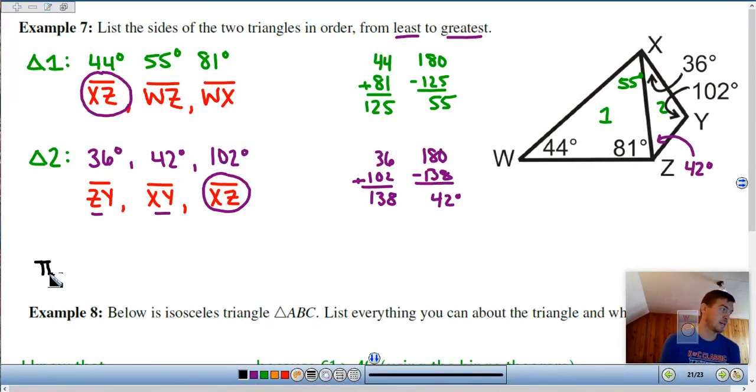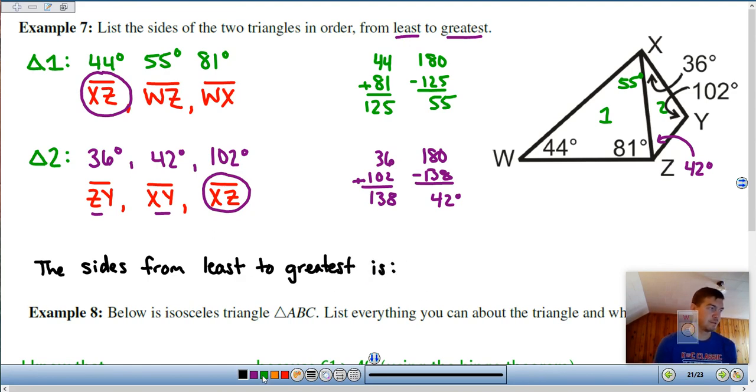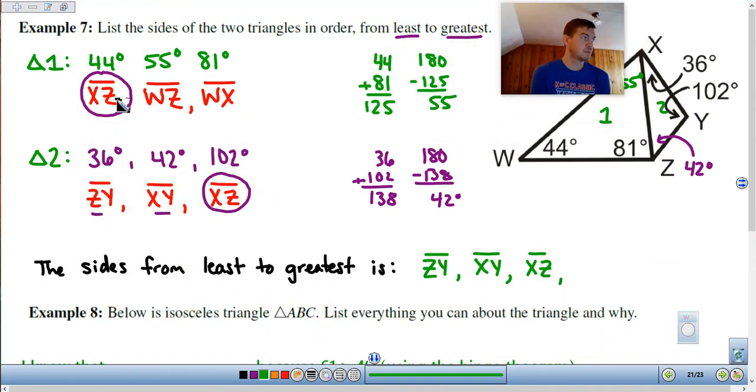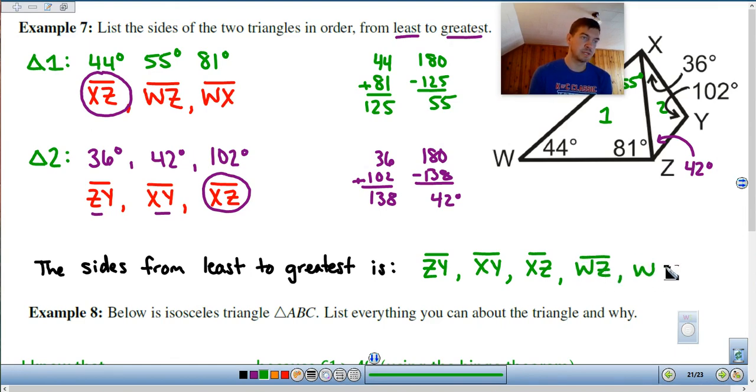So the sides from least to greatest is ZY, that's the shortest side in the entire diagram, XY, XZ, WZ, and the largest overall is WX.